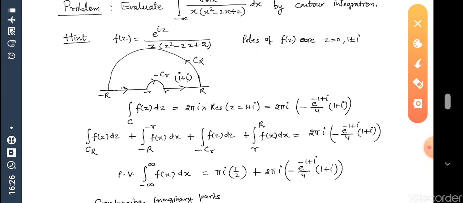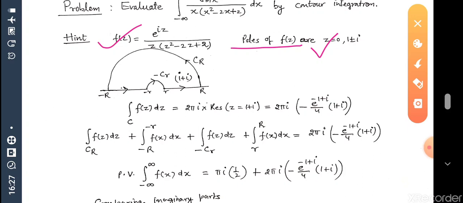So we take the function f(z) equal to e raised to power iota z upon z into (z squared minus 2z plus 2). Then we calculate the poles of f(z). Here we get 3 simple poles, but z equal to 0 lies on the real axis.